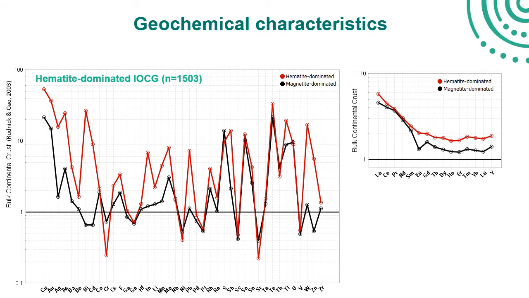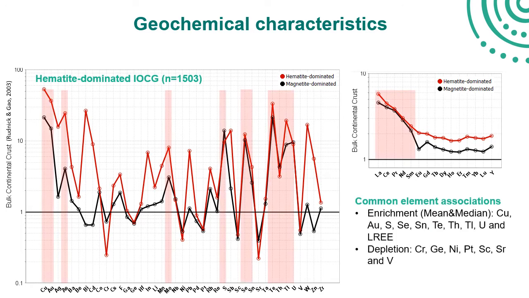Now with the hematite group overlaid, firstly the common elements to both hematite and magnetite group IOCGs are highlighted and listed here. What I've shown here are the mean values, but most convincingly when looking at means and median values are enrichments in the elements copper, gold, sulfur, selenium, tin, tellurium, thallium, uranium and light rare earths again.